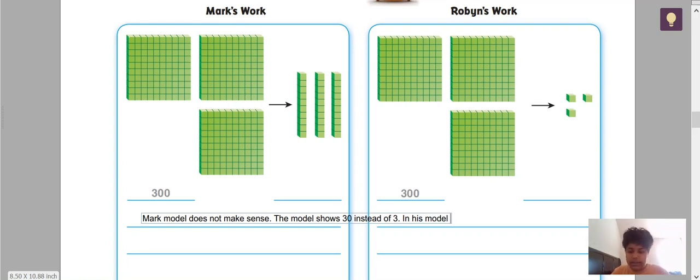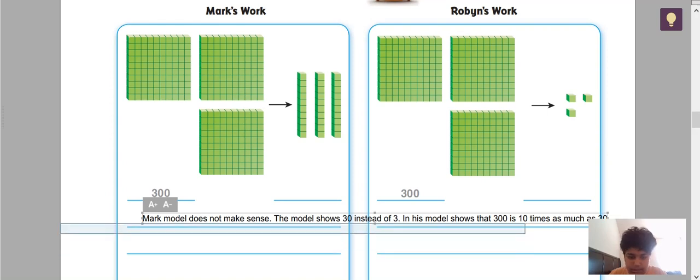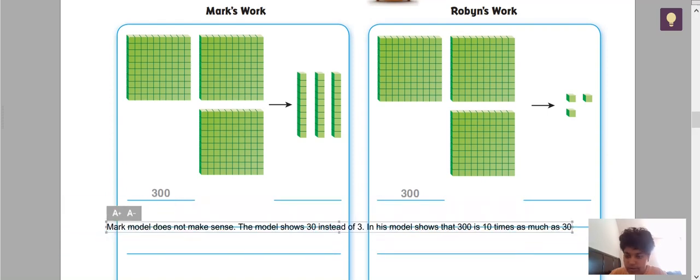In Mark's model, technically, it shows that 300 is 10 times as much as 30. That is why Mark's model is incorrect.